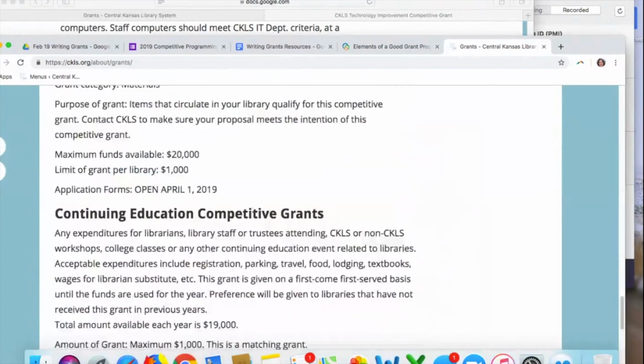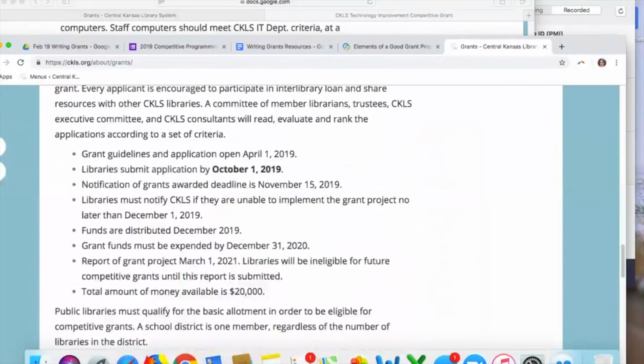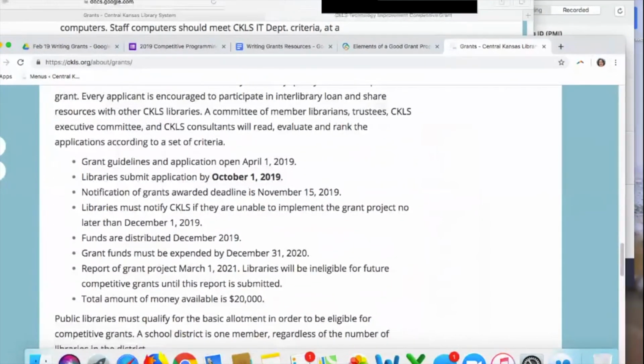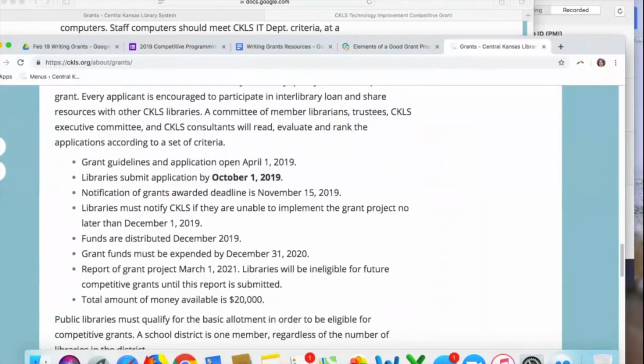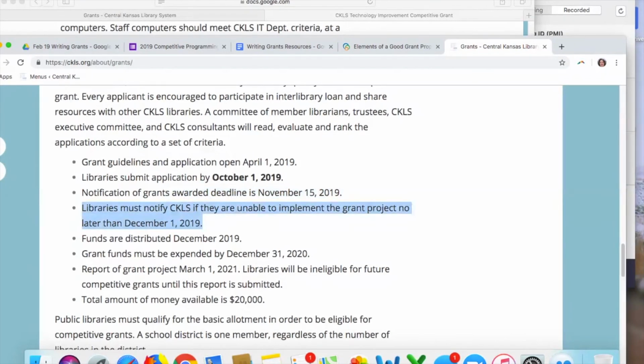Programming grant, materials grant. So here is a timeline for the big competitive materials grant. The submission is now due on October 1st. That gives the review committee more time to actually review the applications. That's why we moved that forward a little bit. You should be able to know what your award is by November 15th.